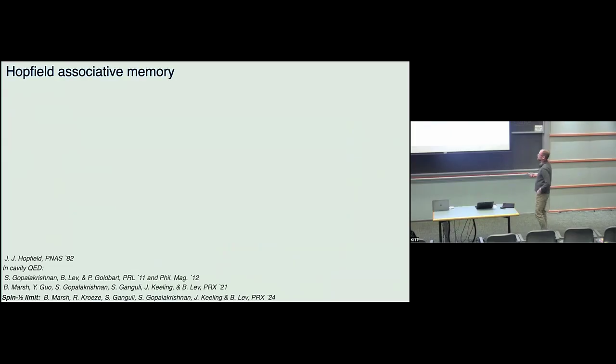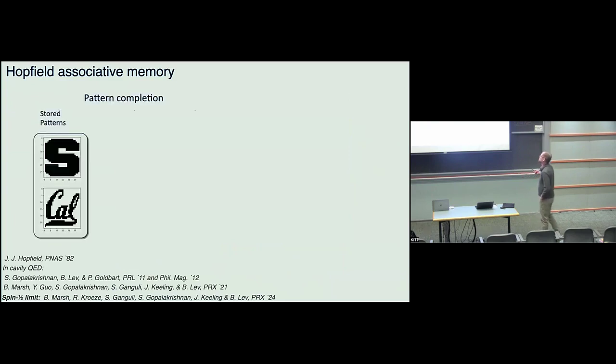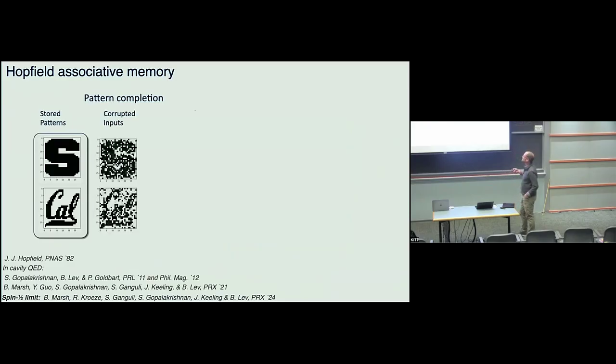So just to belabor this a little bit, his paper was in the early 80s. We've come up with, Sarang and folks, we've come up with versions of this in quantum optics, and I'll tell you about that in a moment. But to explain how this works, say you take a pattern, and you have a corrupted input. So these are the ones you stored. Maybe there's 100 of them.